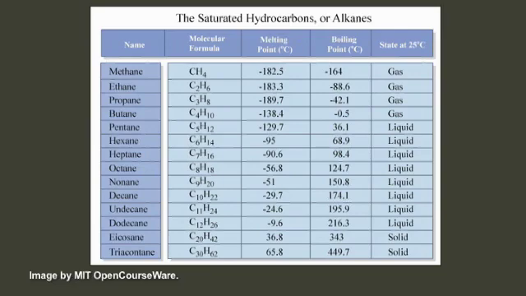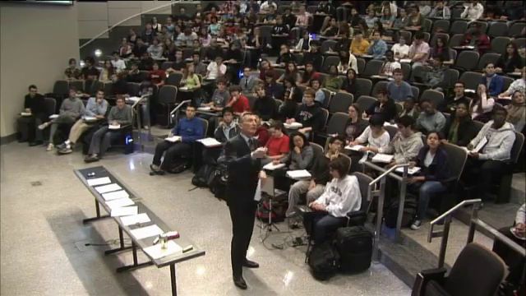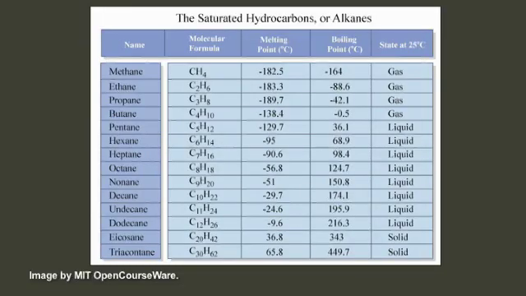What's the other thing to note here? While we've got this up on the chart, you can see that all of these are symmetric molecules and they're nonpolar. They're perfectly symmetric, nonpolar. As the molecular mass increases, the melting point increases, the boiling point increases, and the state of matter transitions from gas at room temperature to liquid at room temperature to solid at room temperature.